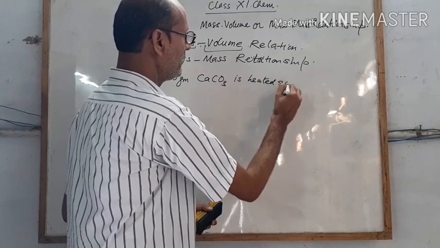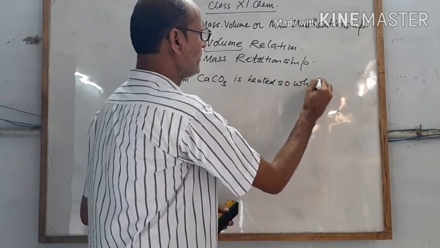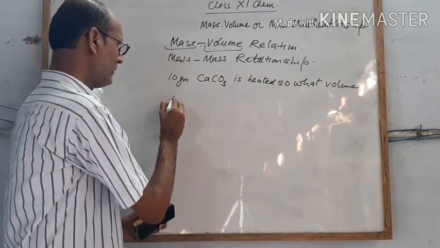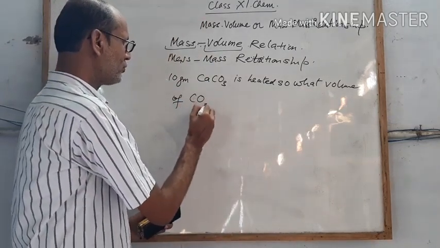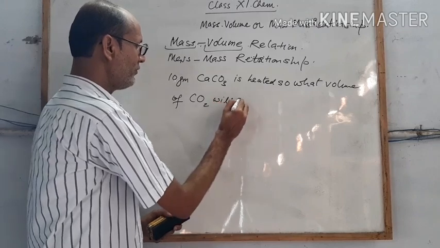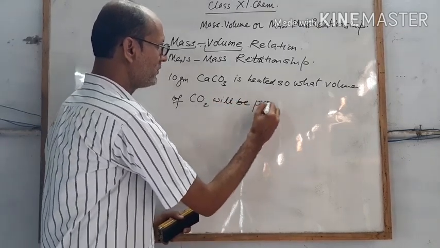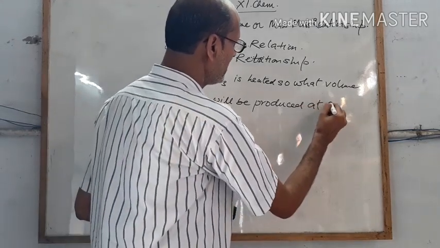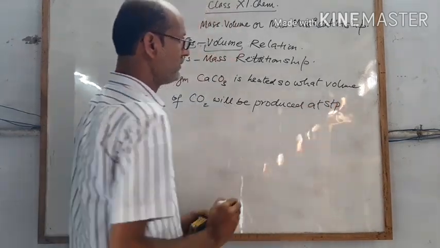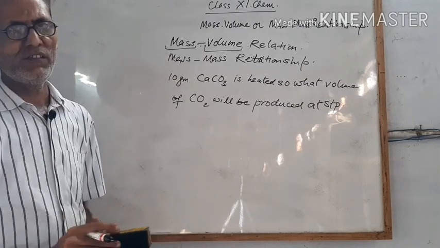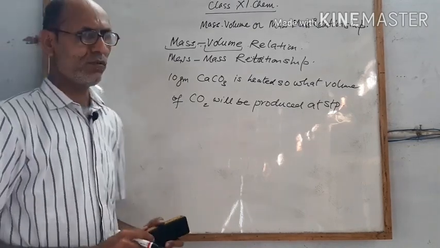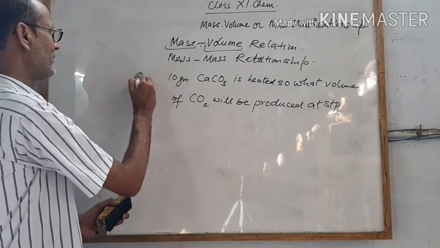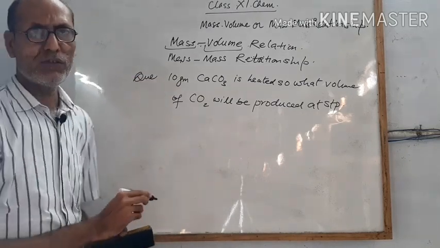So what volume of CO2 will be produced at STP? If the reaction is not given, no problem, you have to write the reaction by yourself. This is your question. How will you write the answer?